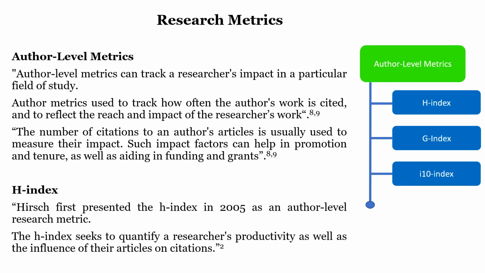Hirsch first represented the H index in 2005 as an author level research metric. The H index seeks to quantify a researcher's productivity as well as the influence of the research articles on citations.